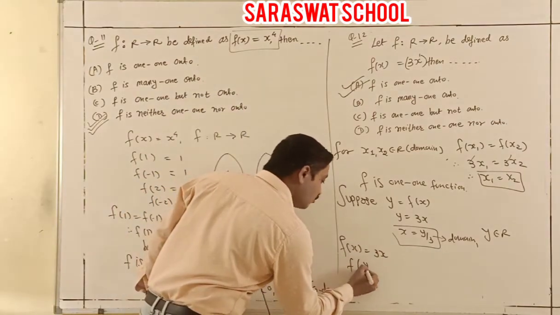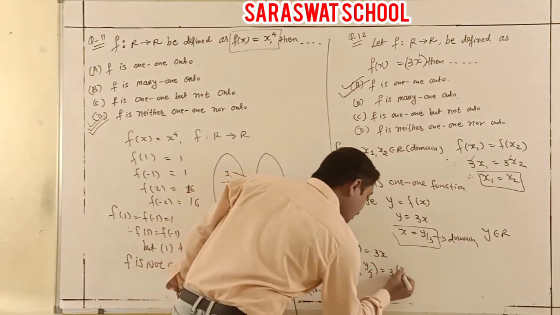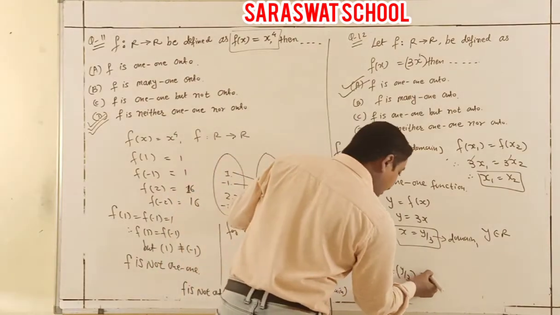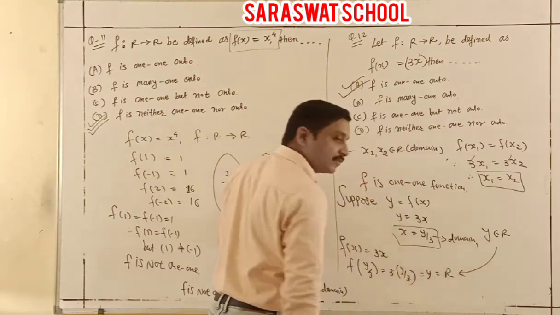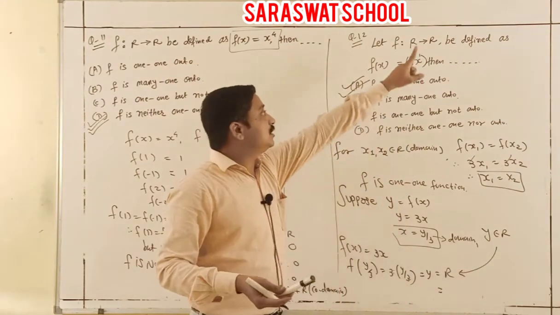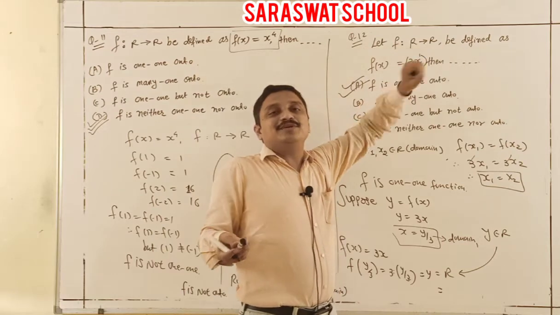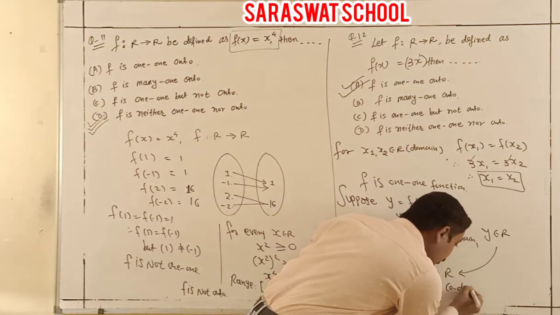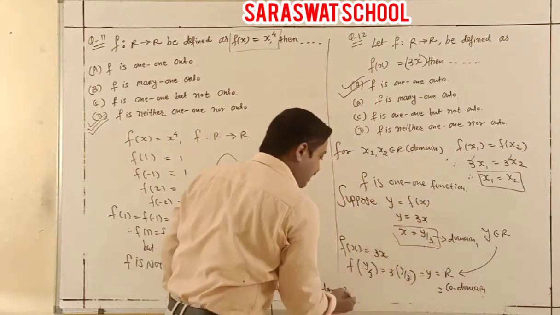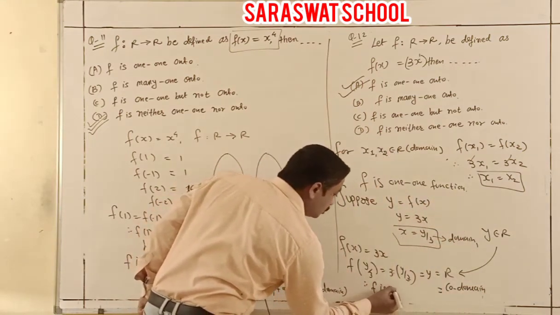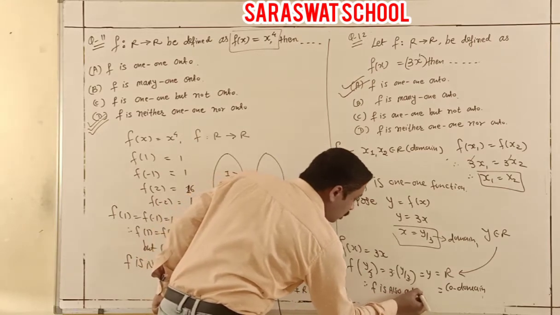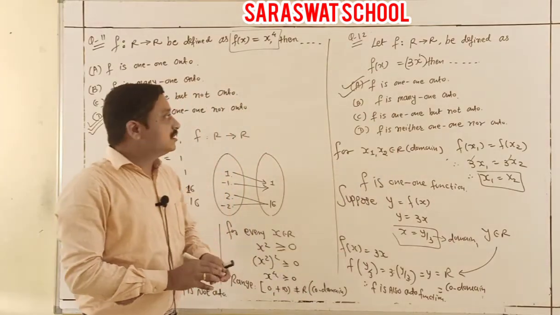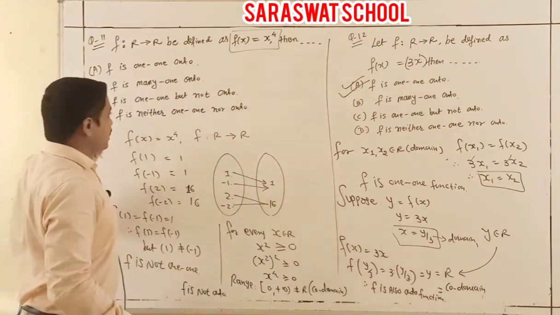What is my f(x)? y by 3 in place of x, cancel. You get only y, and that is the R. And R is equal to what? Is equal to our codomain. It means surely it is your onto. Therefore, range is equal to codomain, I showed. So lastly I tell, therefore f is also onto function, and that's finally our answer to 12, A option, and here our D option.